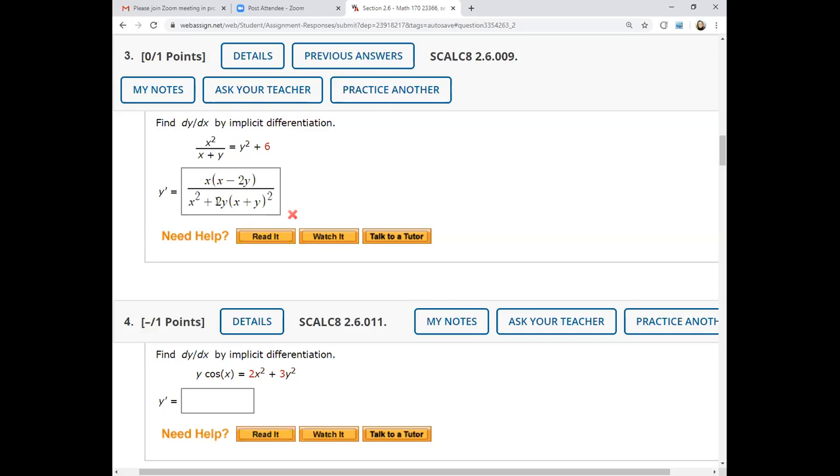I just have to divide by it. I'm seeing what I get: 2y dy dx times x plus y squared. So then, where am I here? Oh, I was gonna move this over. That's right. Minus x squared dy dx.